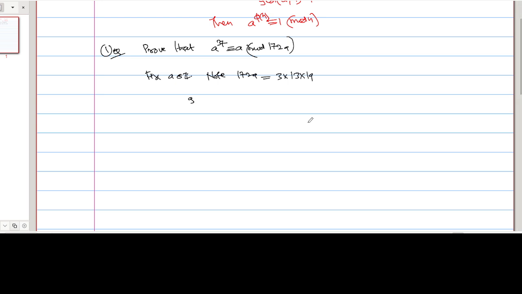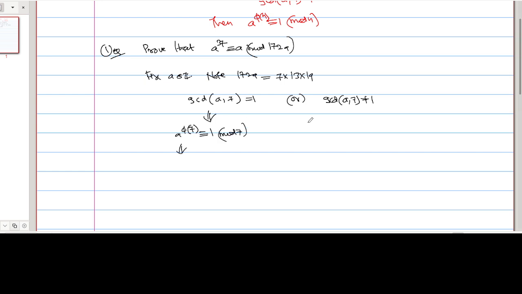So let us take the first case. If you take the GCD of a comma 7, either GCD of a comma 7 is 1, or GCD of a comma 7 is not equal to 1. If GCD of a comma 7 is 1, by Euler's theorem, a power phi of 7 is congruent to 1 modulo 7.